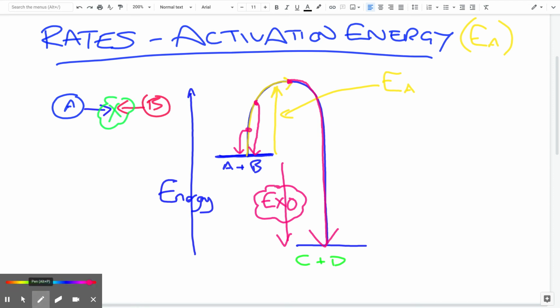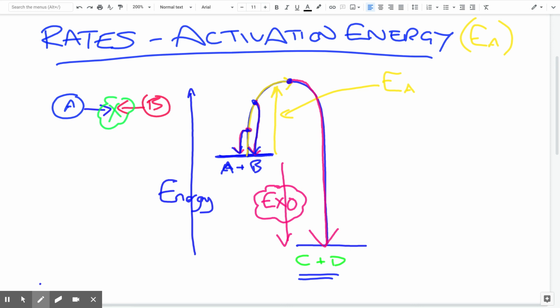So just to recap, if A and B collide, they have to have sufficient energy to allow them to go over the hill to then proceed down the other side to produce C and D as products. If they don't have the sufficient energy, they collide, they drop back down. They just reproduce A and B or don't react in the first place.